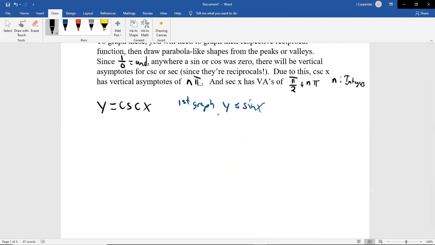So in blue, I'll graph y equals sine of x. Now I'm only going to do the one wave, so from 0 to 2 pi. So let's put 2 pi here, pi here, pi over 2 here, 3 pi over 2 here. Heights of 1. I don't want to make it that high, actually.